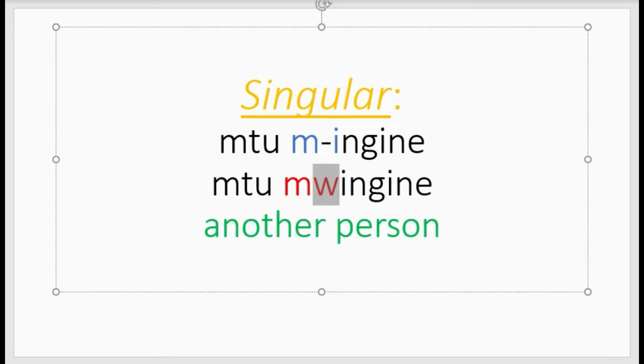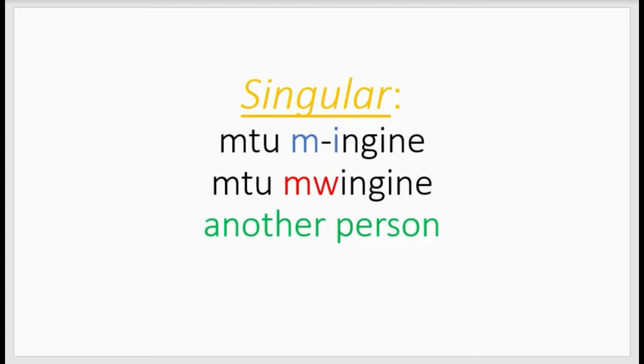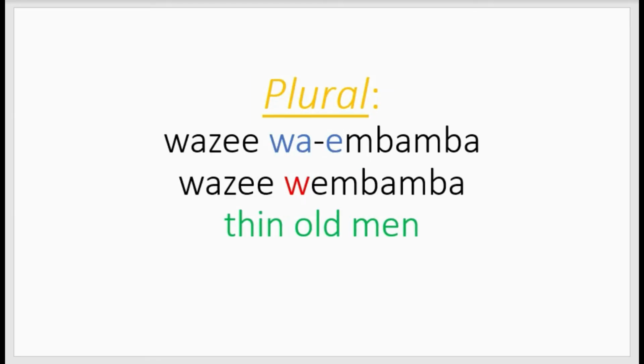So mtu mwingine, another person. Now if we look at another example, the same example but in plural form.